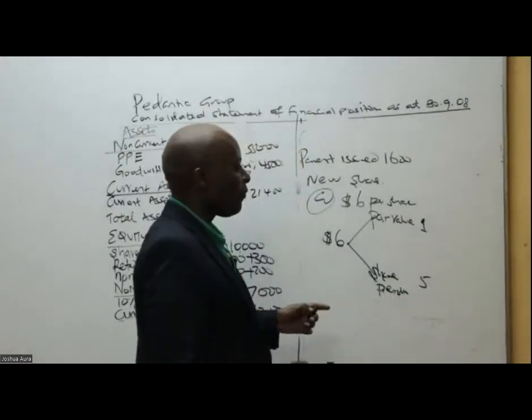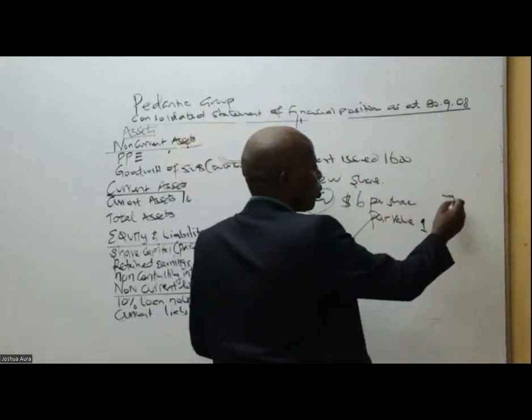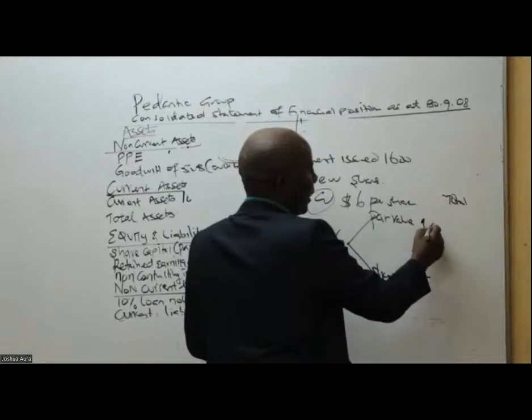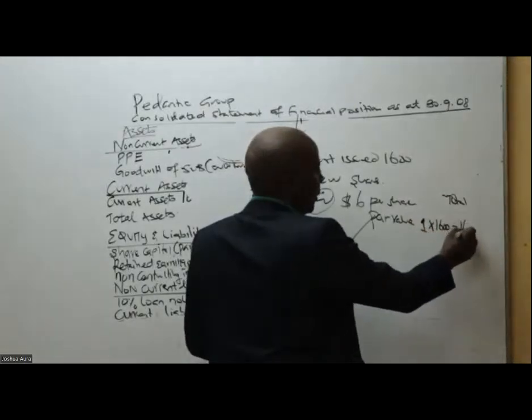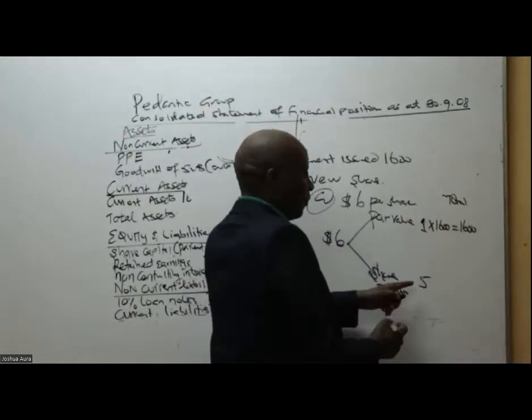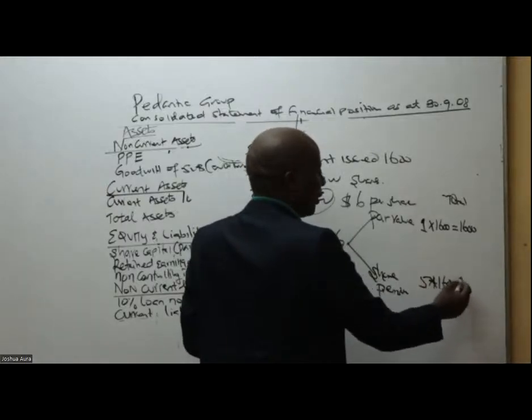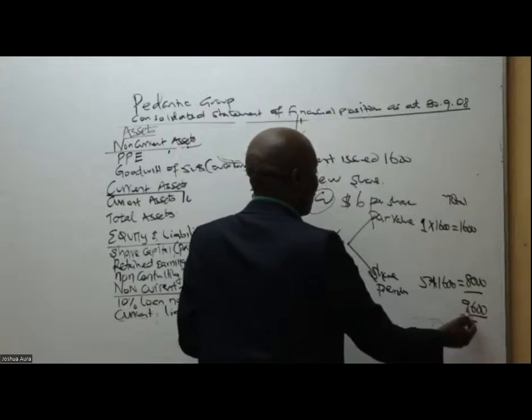Please give me totals here. The par value is 1, so for 1,600 shares it will be 1,600. Five premium per share times 1,600 is 8,000. For us to get 9,600, this figure.